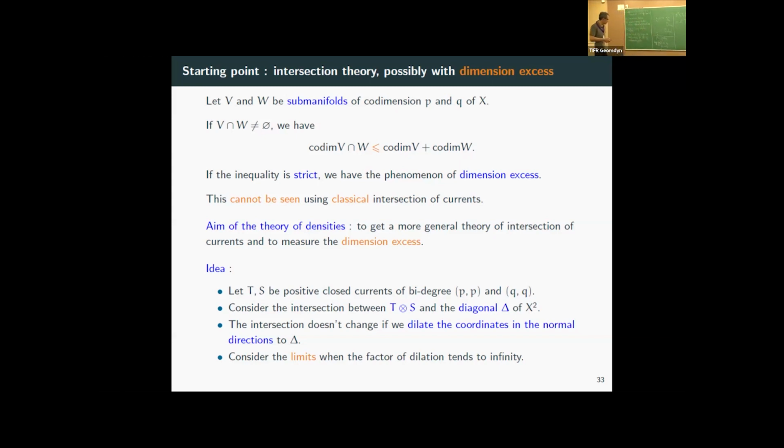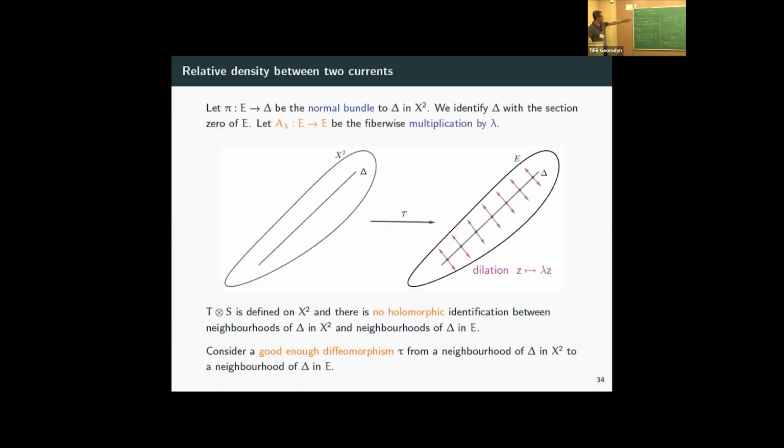You don't have something like that. So you have to bring everything to the local picture by some map, homeomorphism, diffeomorphism. But in general, you cannot have a holomorphic map like that. It doesn't exist in general.